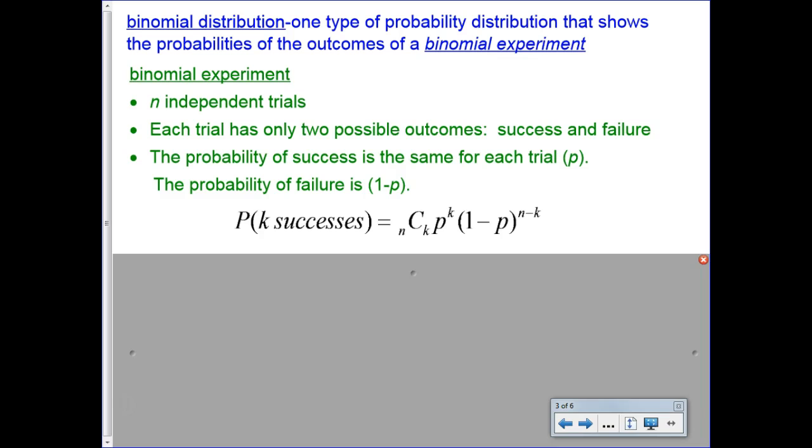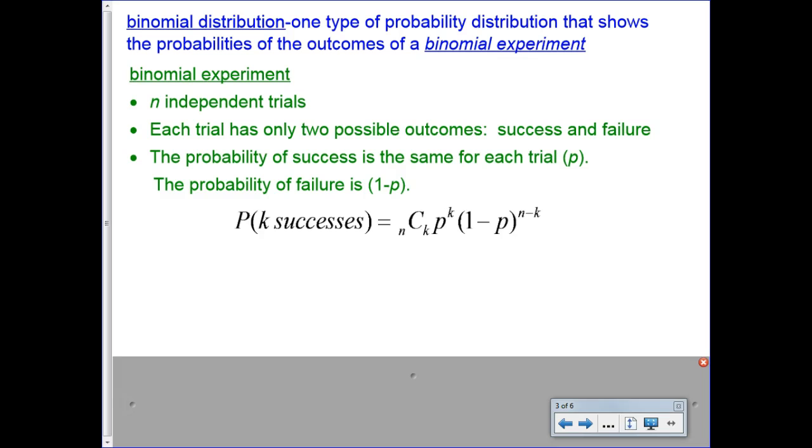So the formula you use is the probability of k successes, using combinations: the number of trials that you do is your n, and the number of successes that you get is your k. n is the number of trials, k is the number of successes, p is the probability of success.